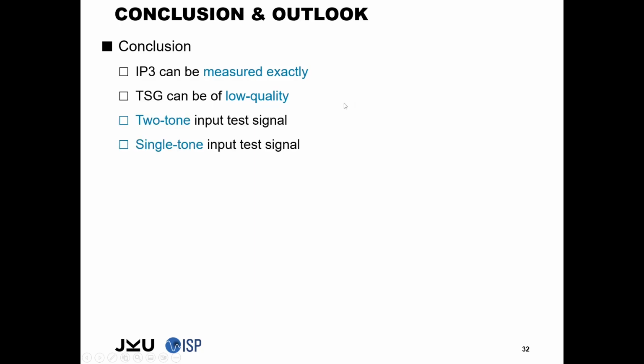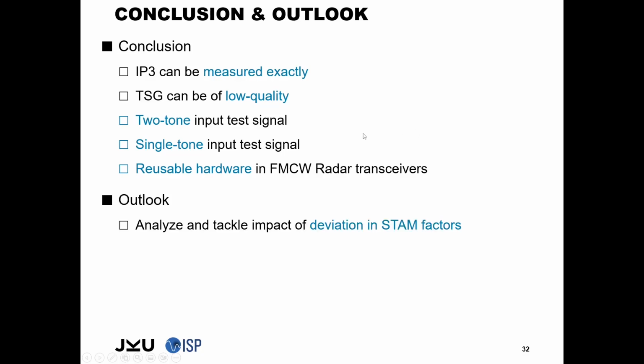Then we can measure the intercept point with a two-tone signal, of course, but theoretically also with a single-tone signal. And a lot of hardware of, for example, the 2D FFT is reusable in FMCW radar transceivers.